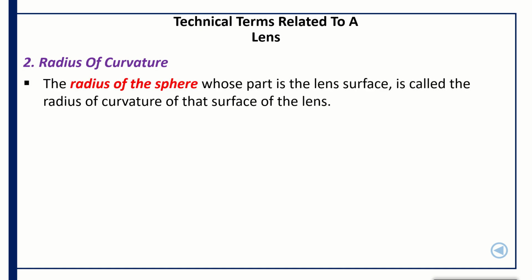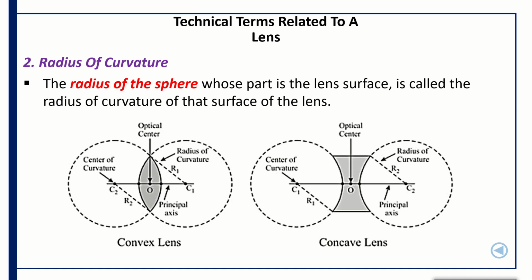Now, the second technical term is radius of curvature. The radius of the sphere whose part is the lens surface is called the radius of curvature of that surface of the lens.